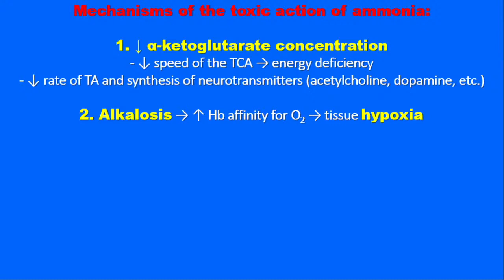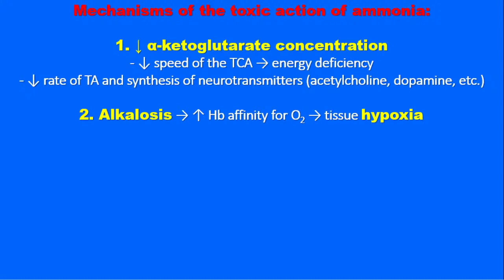The second point, alkalosis. A solution of 1 molar ammonia has a pH near 10, so we will obtain significantly alkaline solutions if free ammonia is stored. In this alkaline medium, unfortunately, the affinity of hemoglobin to oxygen will be increased, and this is not good, because hemoglobin with its cooperative effect must be saturated only when the partial pressure of oxygen is high, meaning in the lungs.